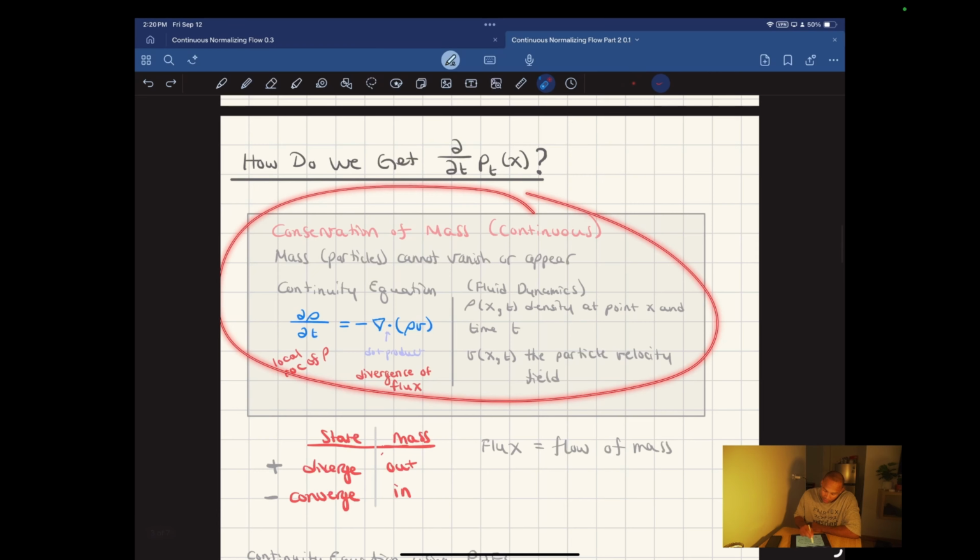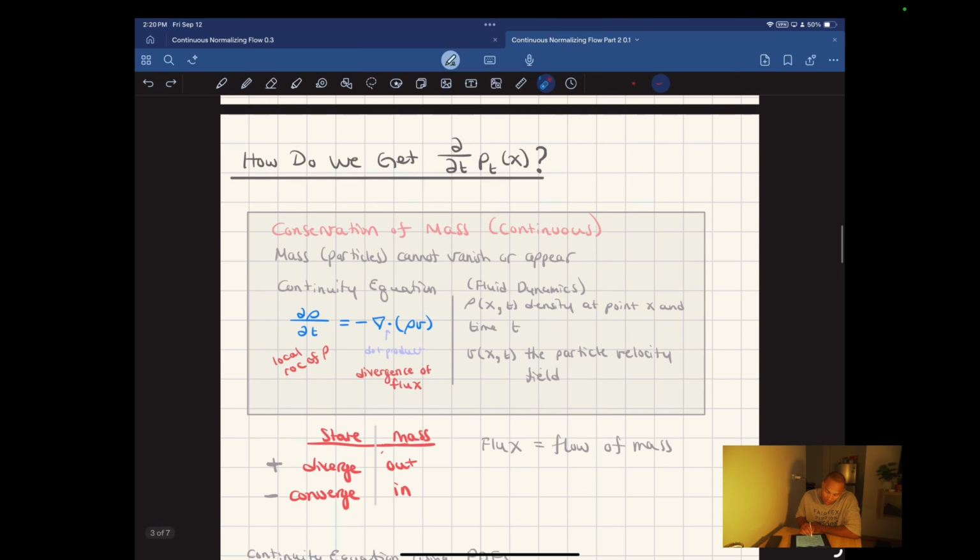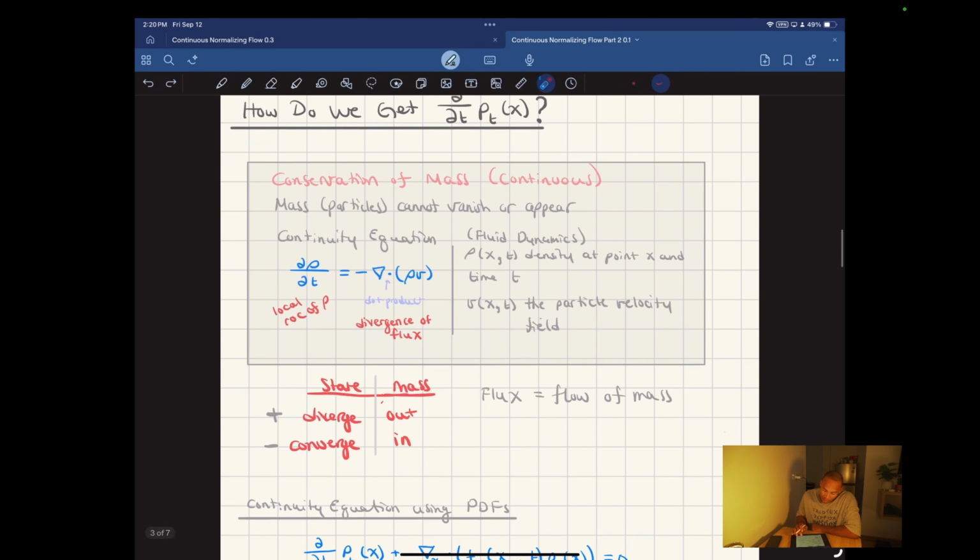So we look at the partial of log density with respect to t, and we're like, oh, well, this is just the continuity equation, the conservation of mass equation in continuous time. So it's called the continuity equation. It basically says mass cannot vanish or disappear.